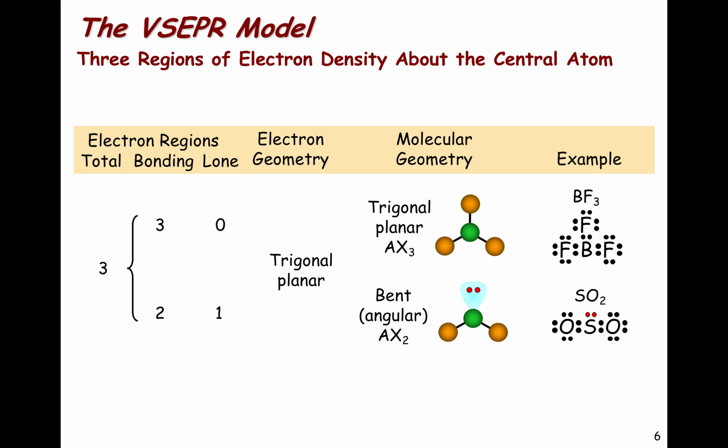The second kind of structure is where there are 2 bonding regions and 1 lone pair. In this case, the overall electron pair geometry is again trigonal planar, but the molecular geometry is described as bent with an angle of 120 degrees. This is our example for sulfur dioxide.